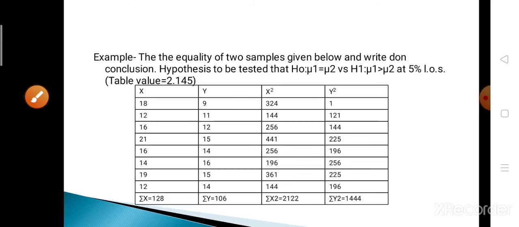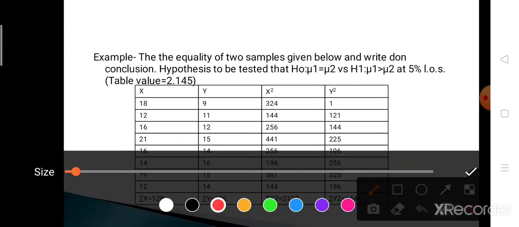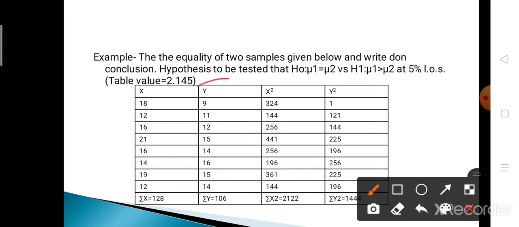Let's see one example. Test the equality of the two samples given below and write down the conclusion. The hypothesis to be tested is H0: mu1 is equal to mu2 versus H1: mu1 is greater than mu2 at 5% level of significance, and the critical table value given is 2.145. Here we are given the two variables x and y.